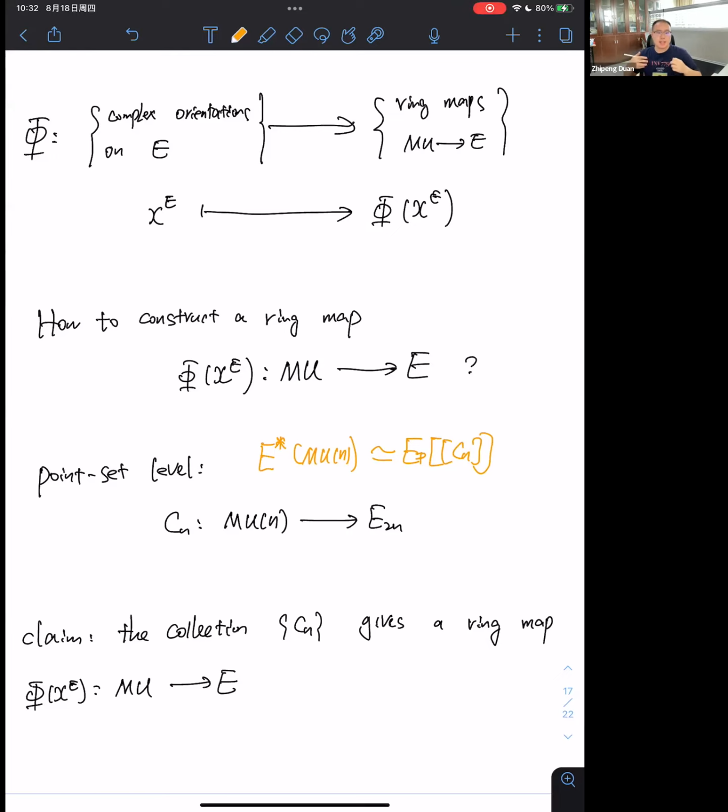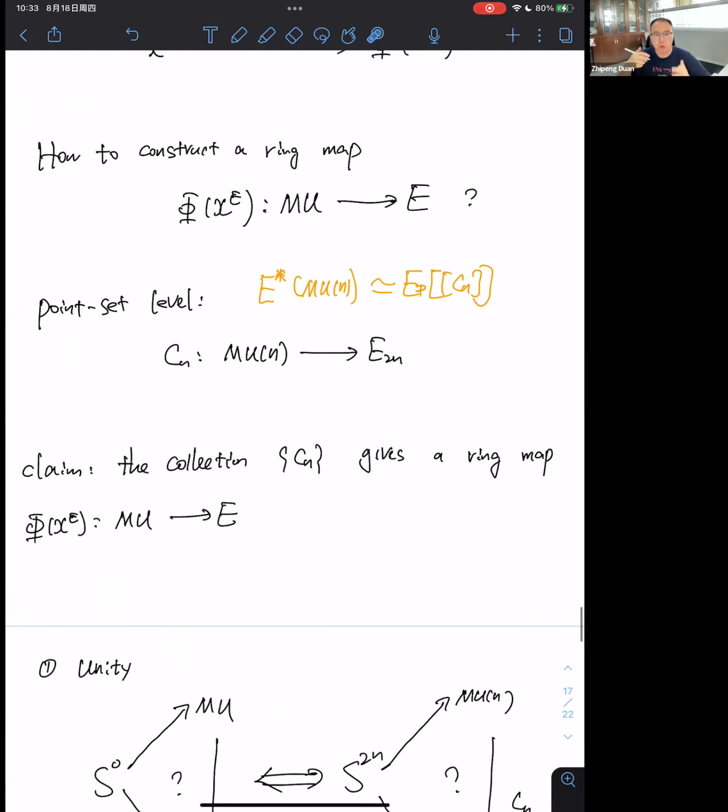And this Cn in this cohomology corresponds to a map from MUN to E2N. So on the point set level, those classes C0, C1, C2, up to Cn, and so on, the collection of these maps, we claim will give a ring map from MU to E as we want.